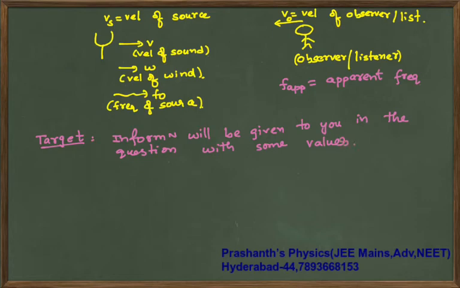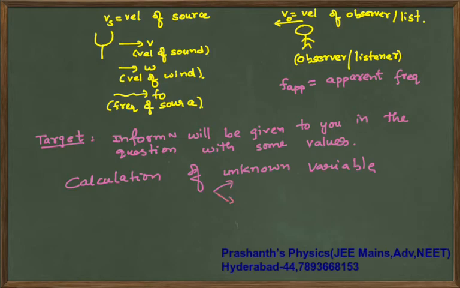What you are supposed to do is calculate the unknown. Calculation of the unknown variable is your ultimate target, or they could ask you for the beat frequency. Most of the questions will be calculation of an unknown variable or beat frequency. Some information will be given and some will be unknown, so we are supposed to calculate those unknown values.